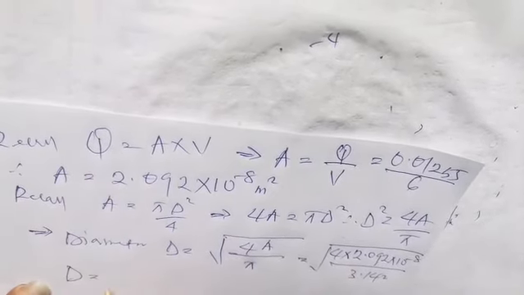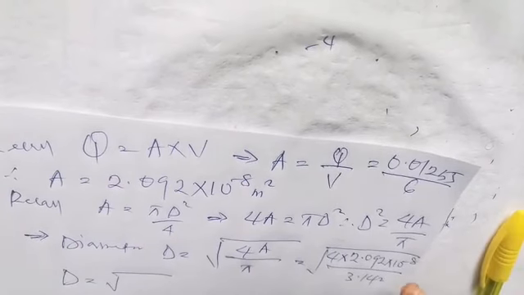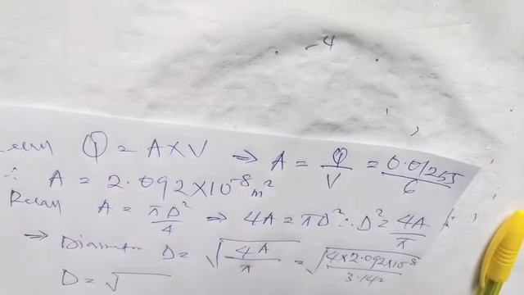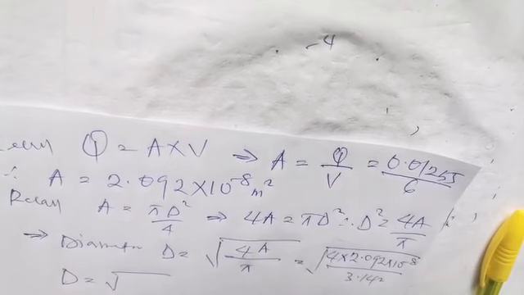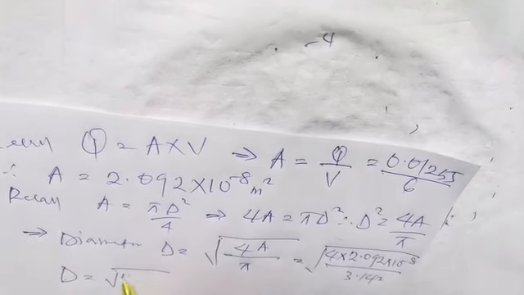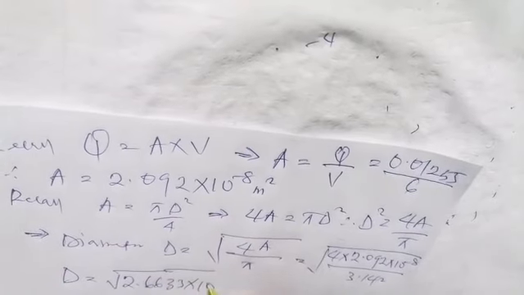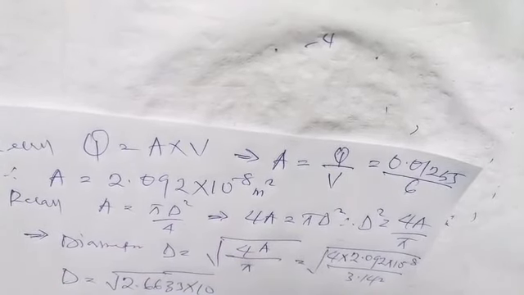So I'm going to evaluate everything including the division. I have answer multiplied by 4 divided by 3.142. Okay, that gives me 2.663 by 10 to the power of minus 3.